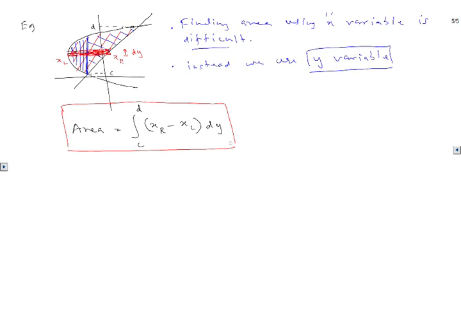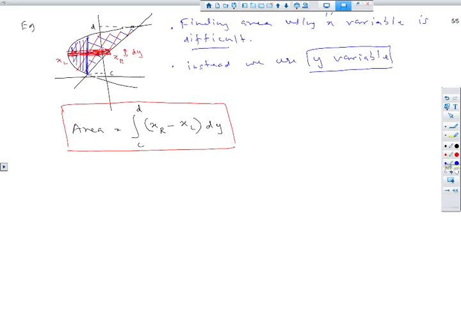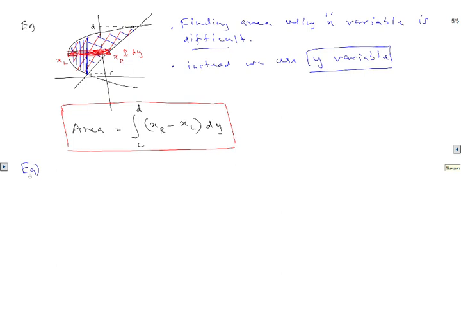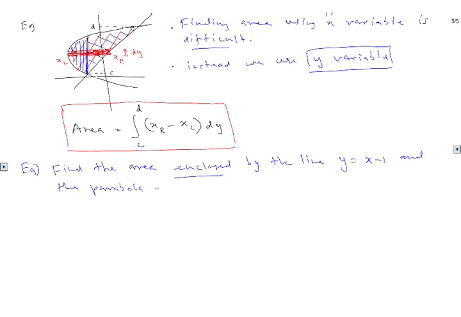So let's make it clear from one example. Let's do this problem. The example: let's say find the area enclosed, or bounded, enclosed by the line y equal x minus 1 and the parabola y squared equal 2x plus 6.